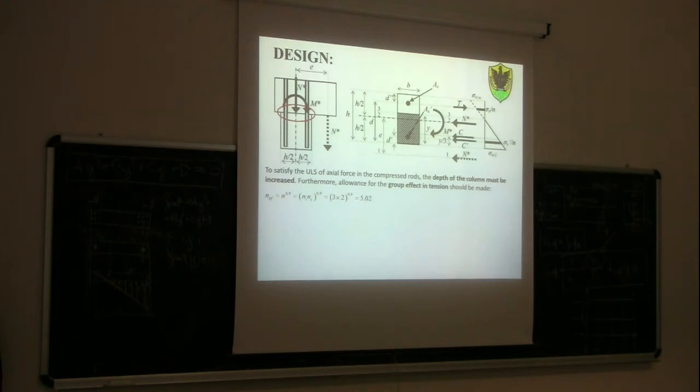Because you see the formula, effective number of rods is number of rods to the power of 0.9. So 5.02. Meaning that when it comes to calculating the area of the rods in tension, we need to multiply the resisting area of one single rod by the effective number of rods, by 5. So the area becomes 1,229 square millimeter.